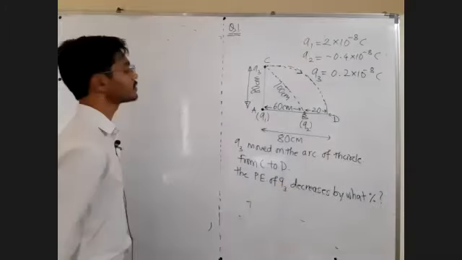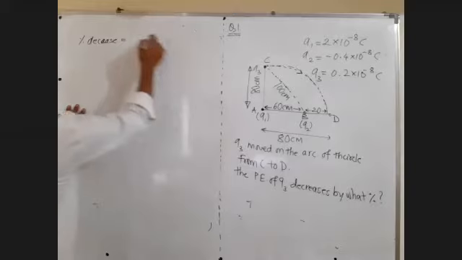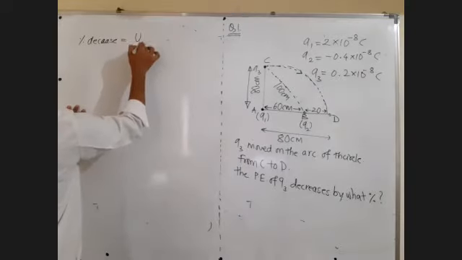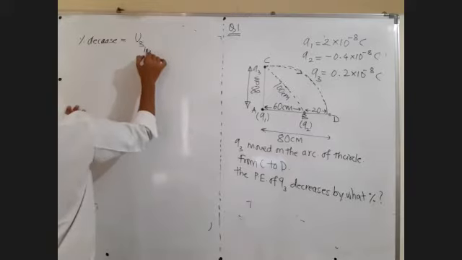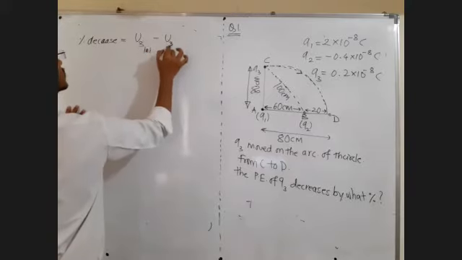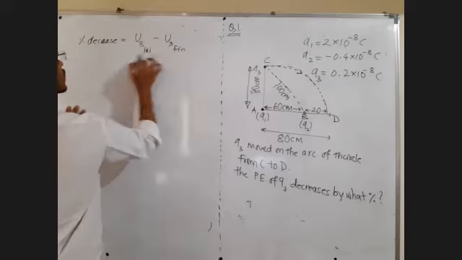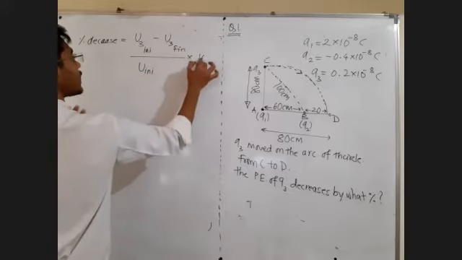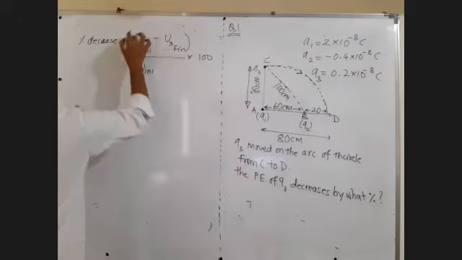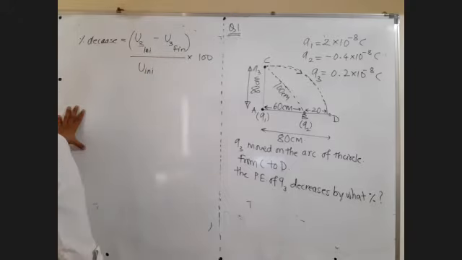But right now they are asking percentage decrease. So it is initial energy of the third charge minus final energy of the third charge, divided by initial energy of the third charge, multiplied by 100. This is the percentage decrease in the potential energy of the third charge.